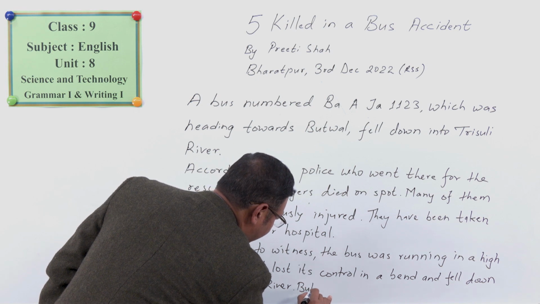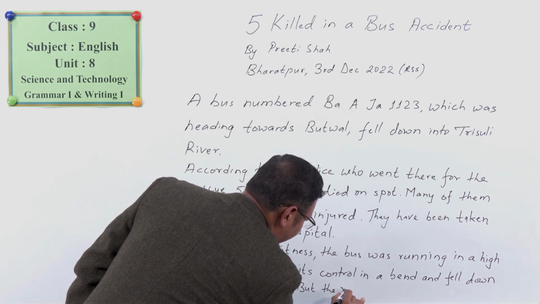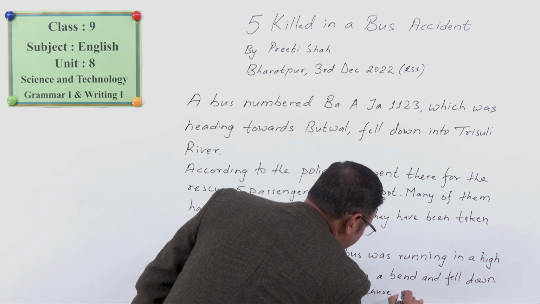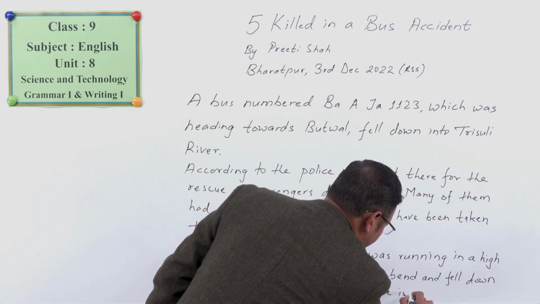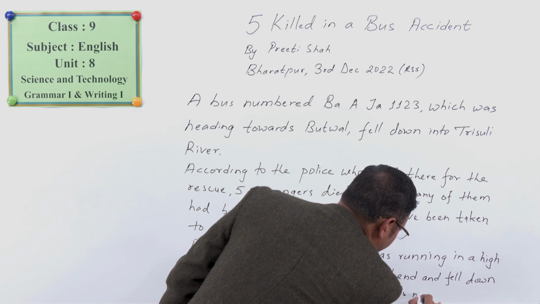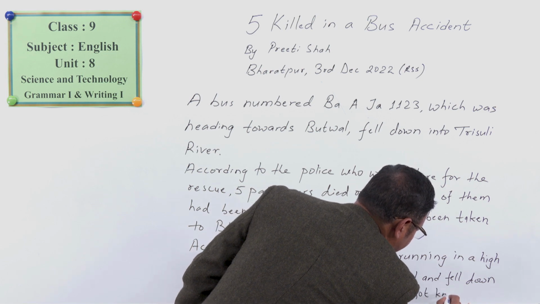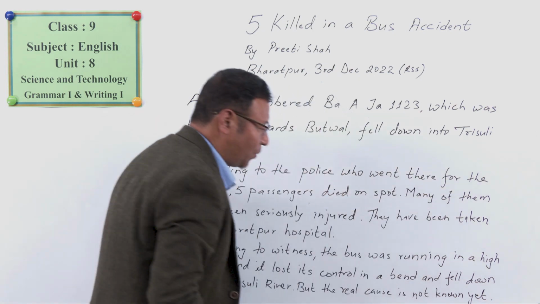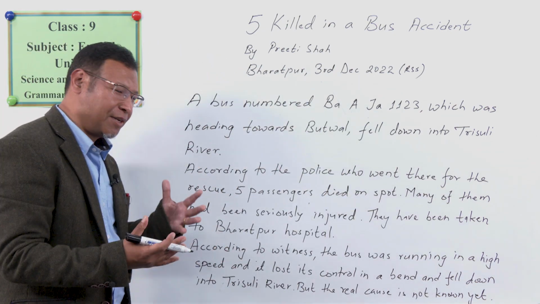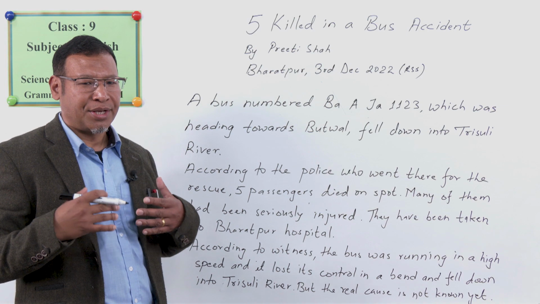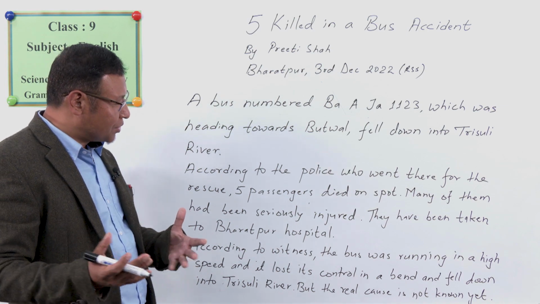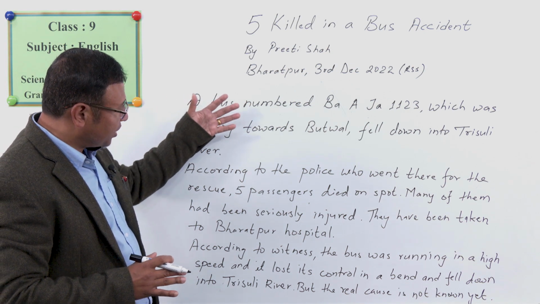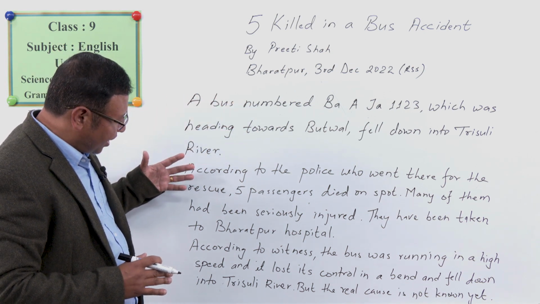But the real cause is not known yet. So you can say, so we can continue. The investigation is going on. In this way you can complete the story, because we talked about what happened, and where did it happen.